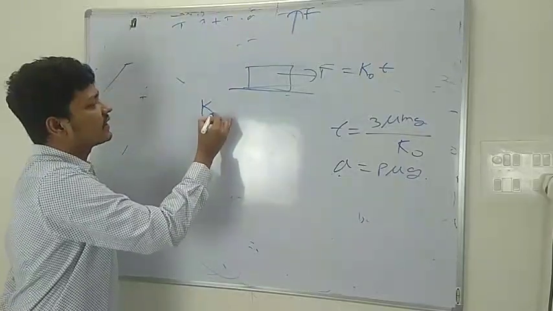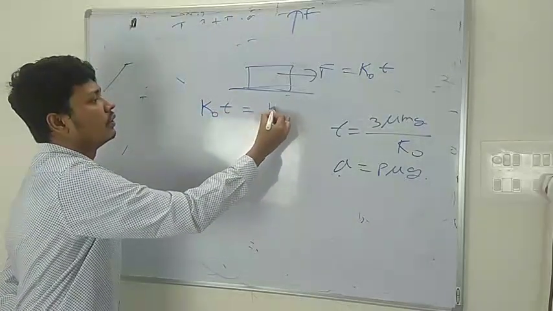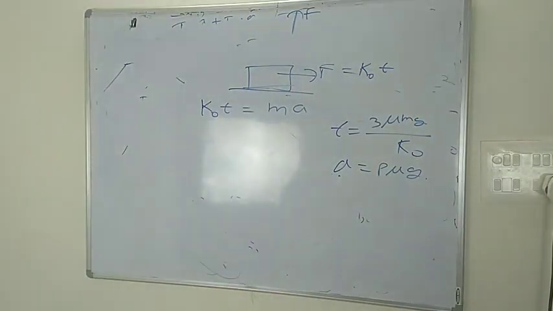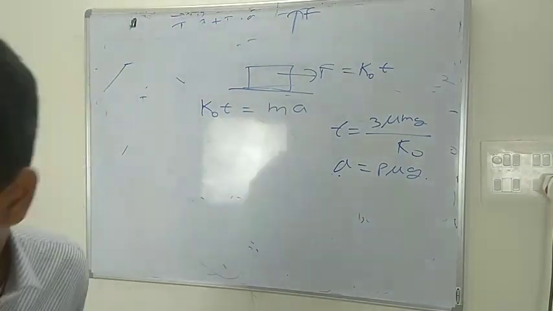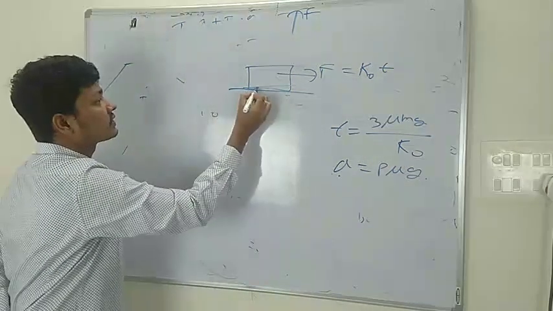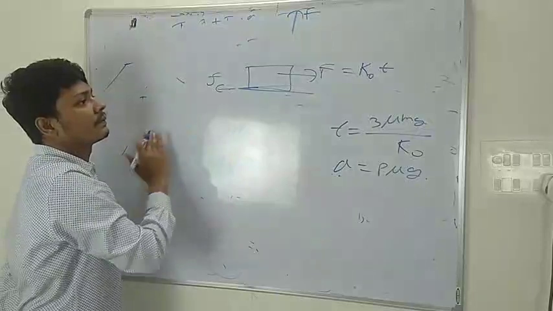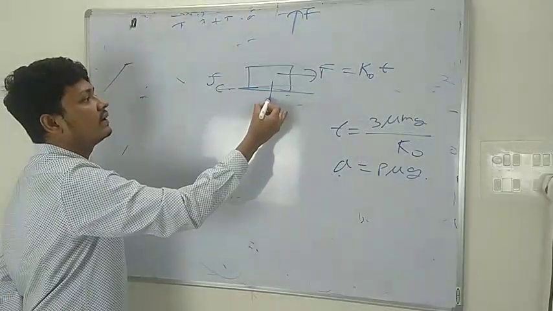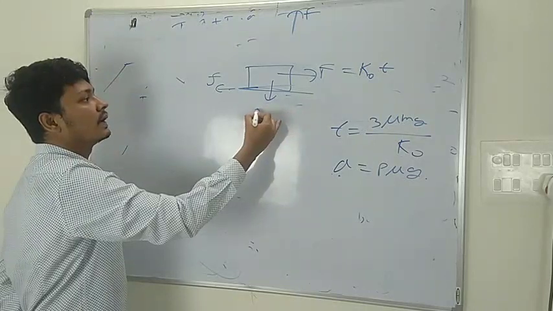The net force k naught T must be equal to m into a. Friction is also there, right? This F is acting horizontally, so friction is acting like this.